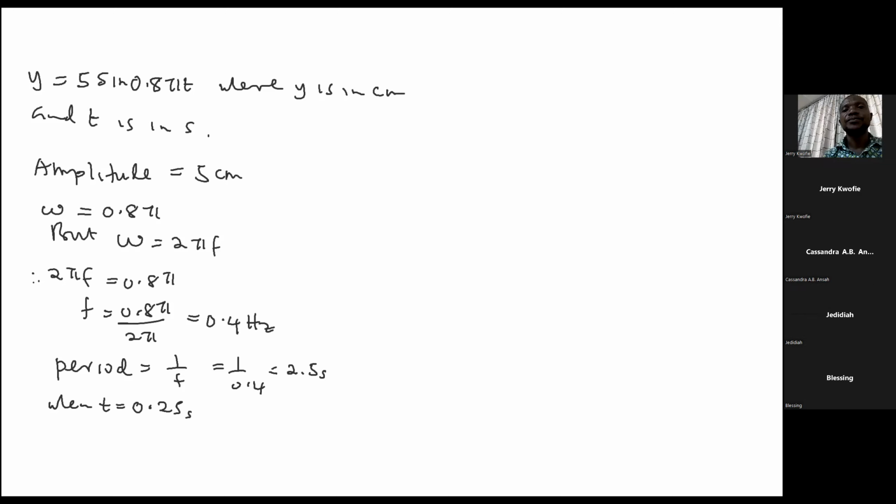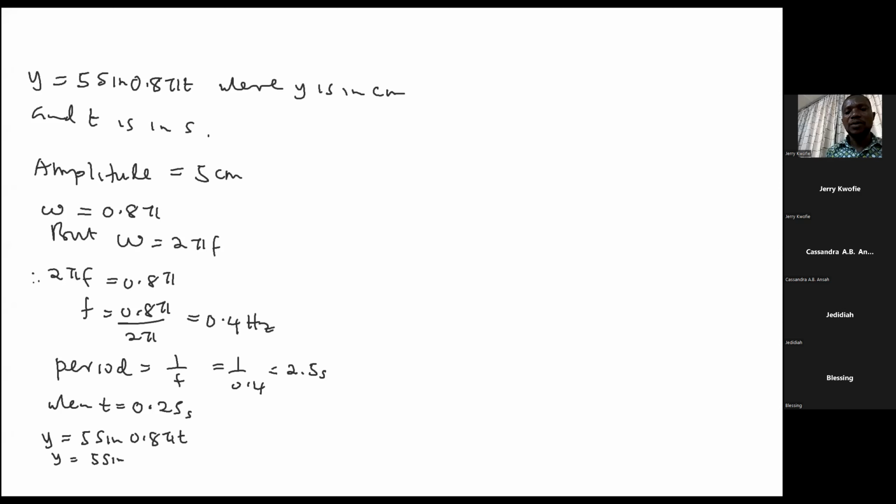The displacement is y is equal to 5 sine 0.8 pi t, and then t is 0.25. So y is equal to 5 sine 0.8 pi times 0.25.